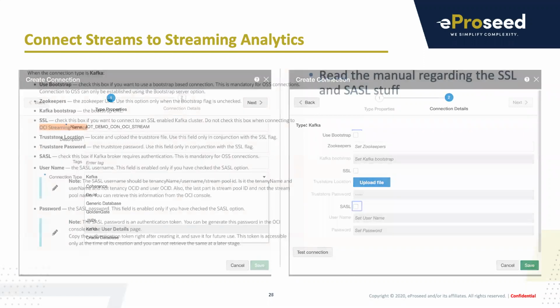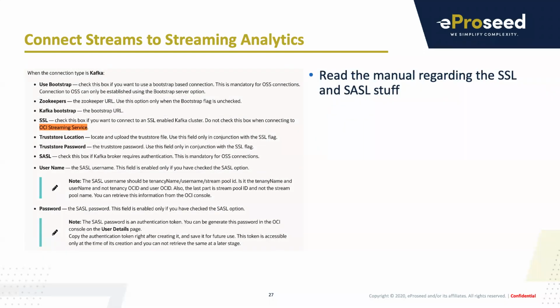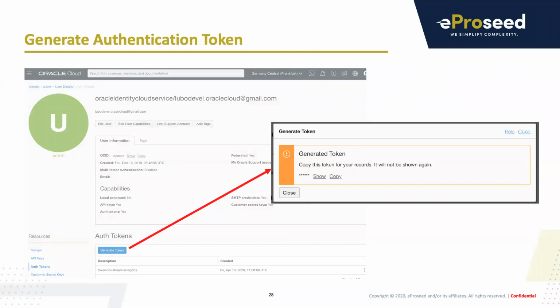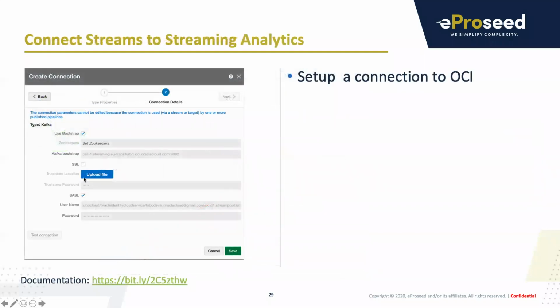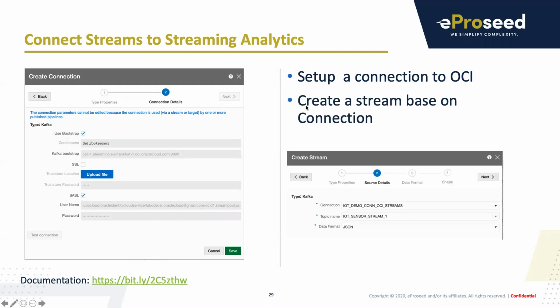Set the username, set the password, and then after that, you should be good to go. And we need a token in it, and that token you can find as an authentication token in your user details on OCI. You can generate it, and after you generate it, you copy it. You simply put it here. There we have it. SASL, the username and the password, and then the connection is good to use.